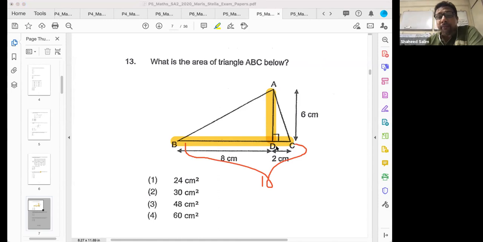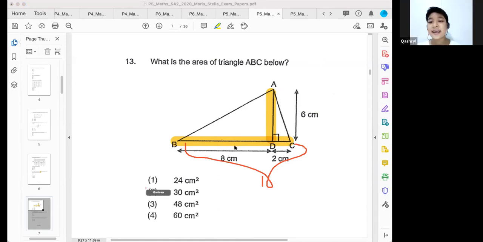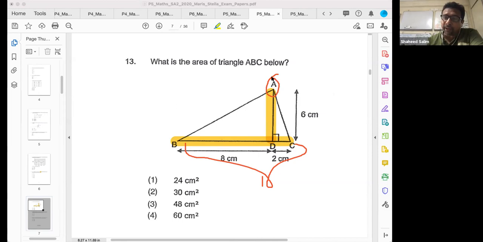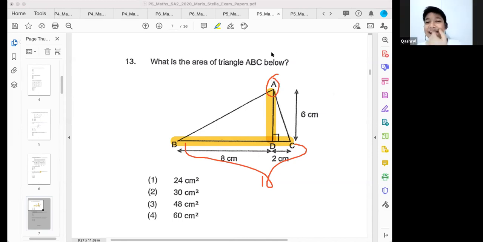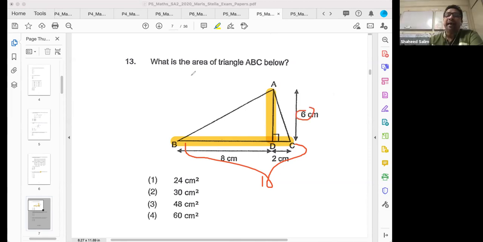But anyway, then what's the height? Not your height. The height is A. This is the height. I want the height. 6. AD. So take half times base times height. That is the formula. Half times base times height.